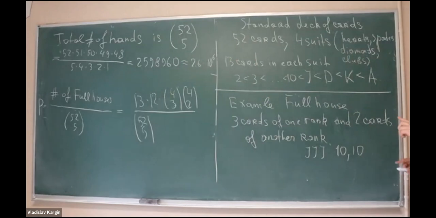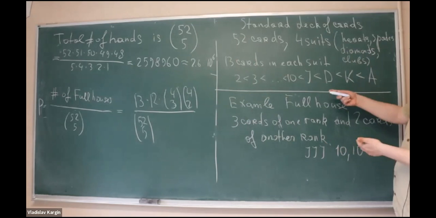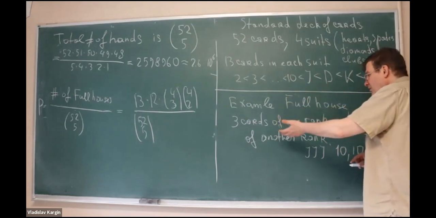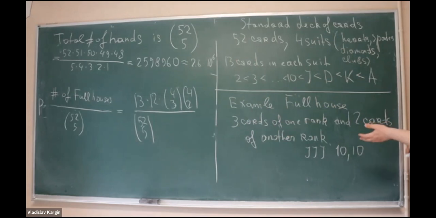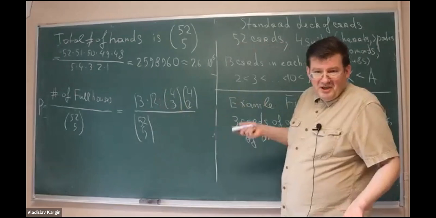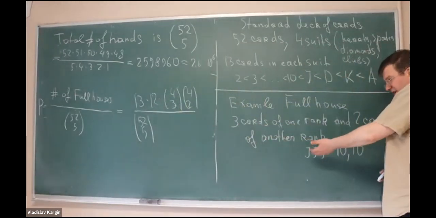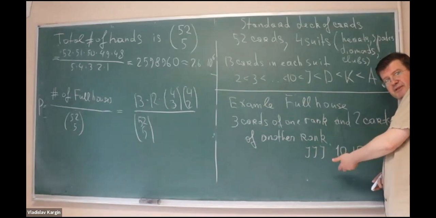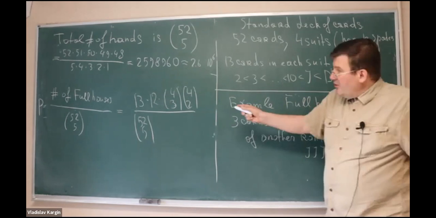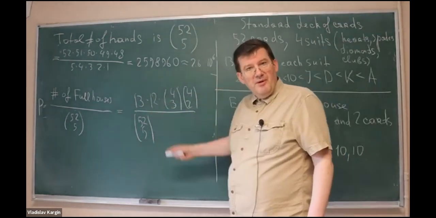Maybe a different definition of full house, two cards of one rank and two cards of another, would require you to divide by 2, because it doesn't matter which you choose first. But here there is a clear distinction between triple and double. This is a subtlety, but you don't need to divide by 2 here.